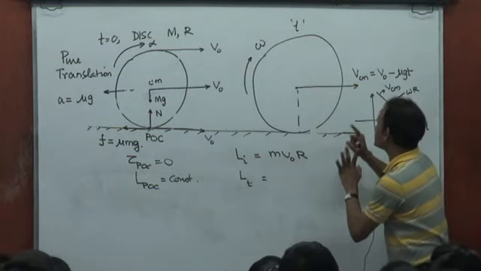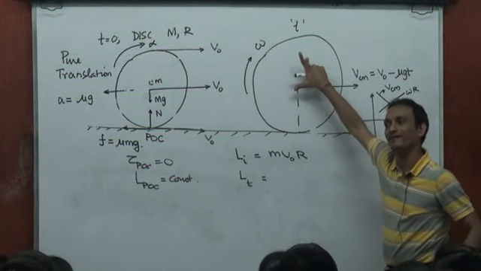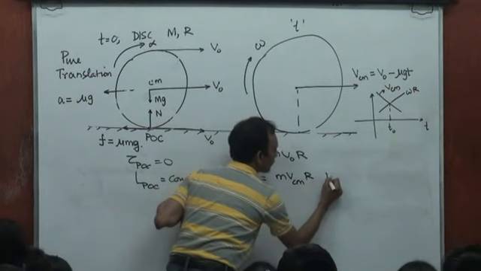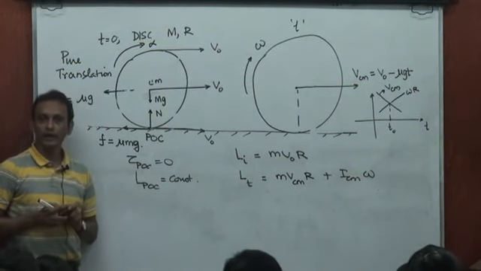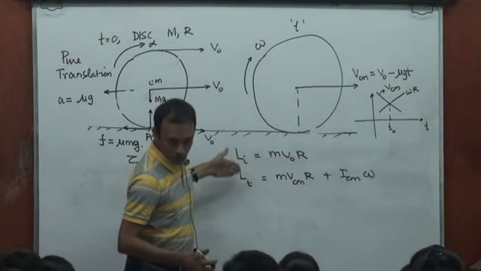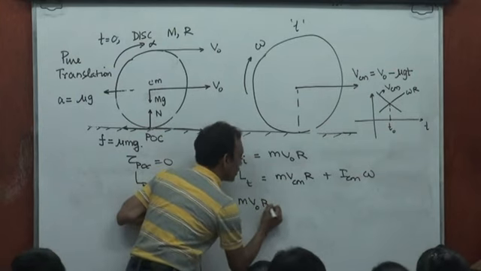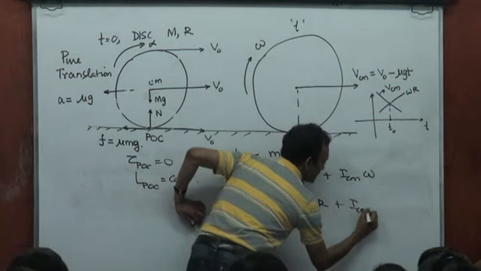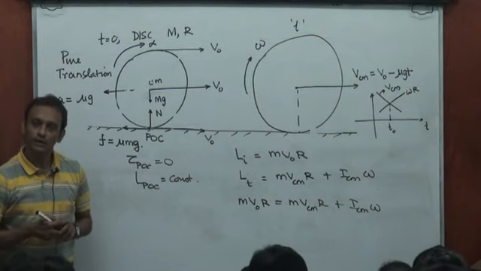So in this case, the angular momentum, because of pure translation, is m VCM into r plus Icm omega, right? And I enjoy the luxury of equating these two. Li equal to Lt. Means m v naught into r is m VCM into r plus Icm omega, right?